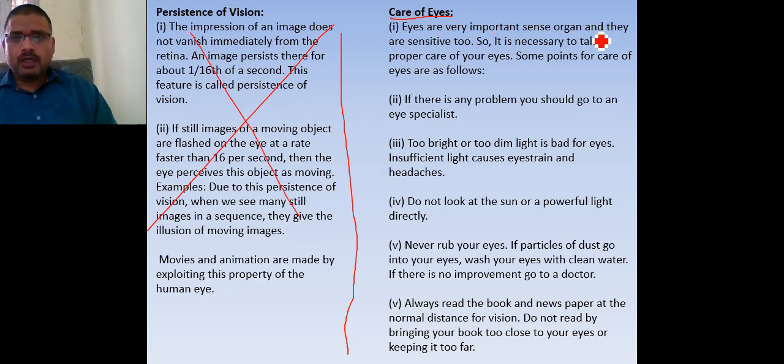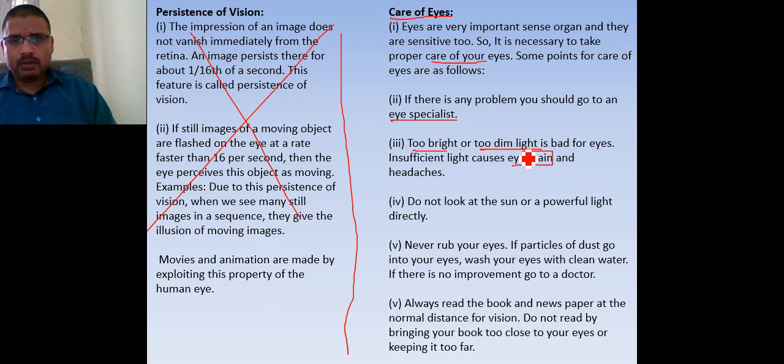Insufficient light causes eye strain. There are two possibilities: either too bright lights are coming or too dim lights are found.